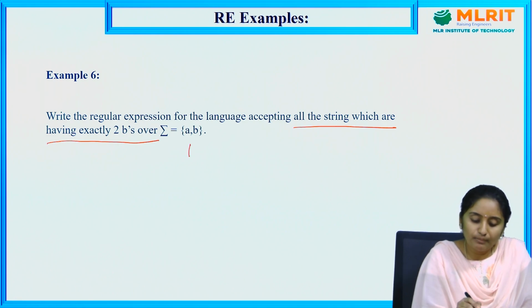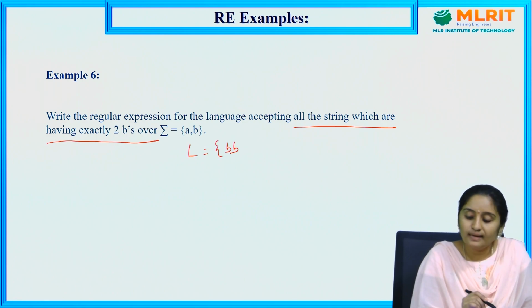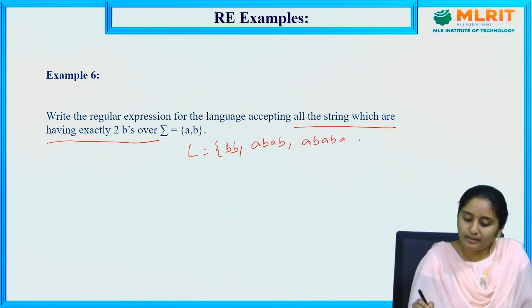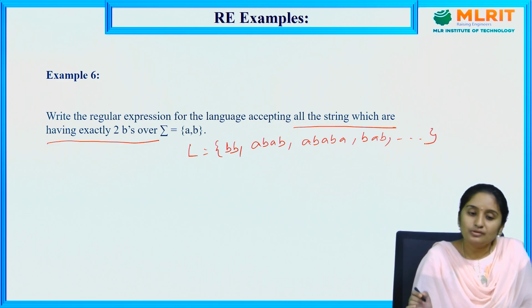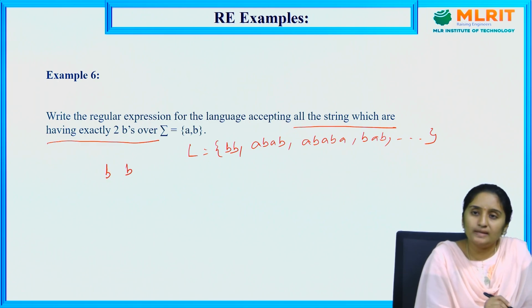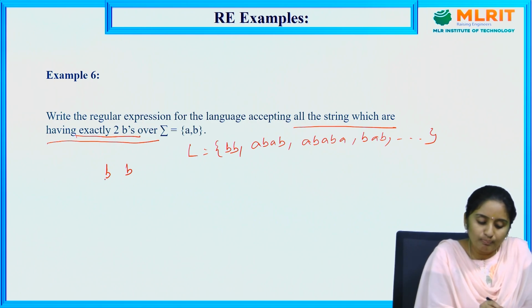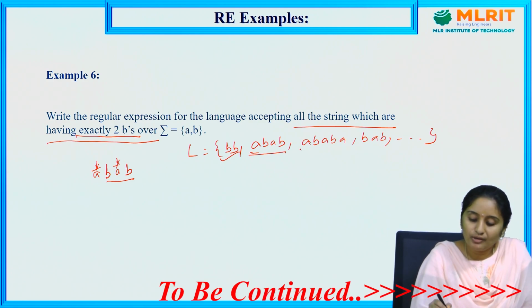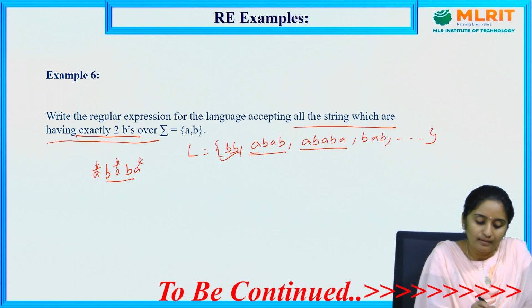In my language, the strings should have exactly 2 B's, but any number of A's can be there. So I can have BB, this is accepted. ABAB is accepted. ABABA is accepted. BAB is accepted. ABA B, and so on. BABBAB, is it accepted? No, it has more than 2 B's. Each string should have exactly 2 B's.